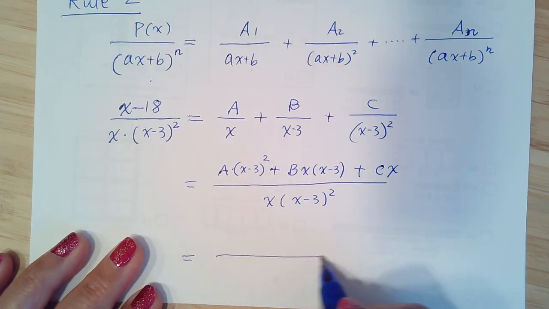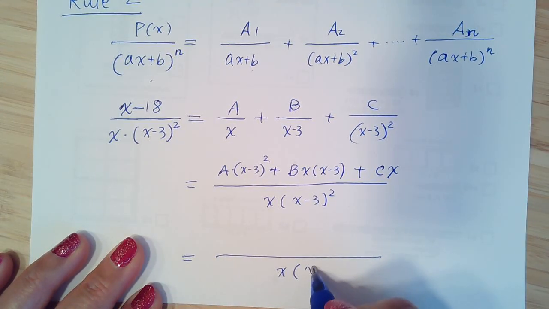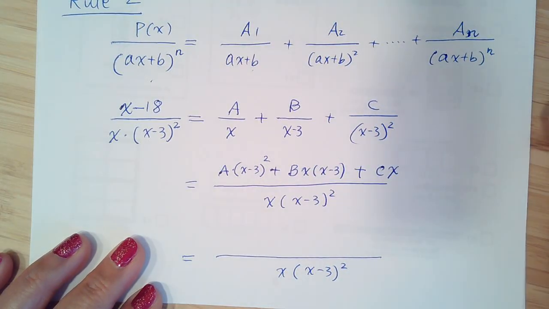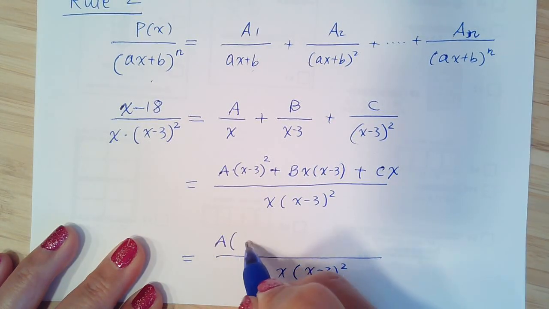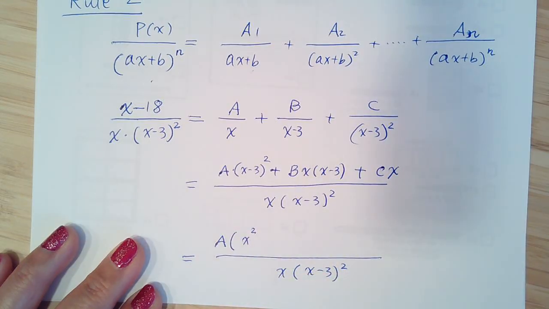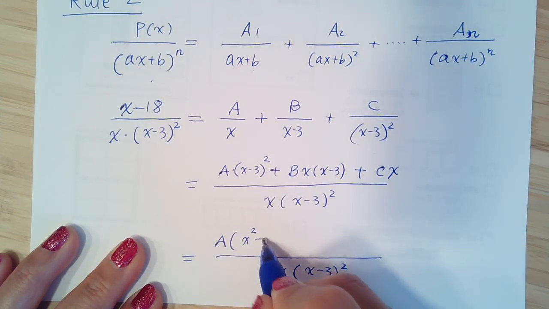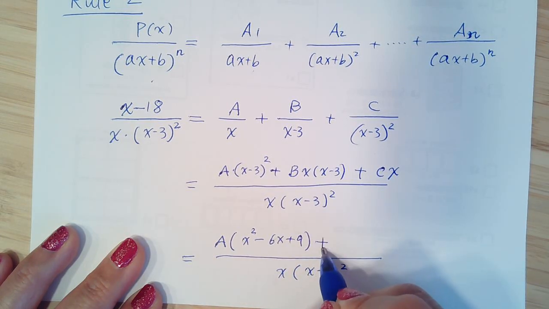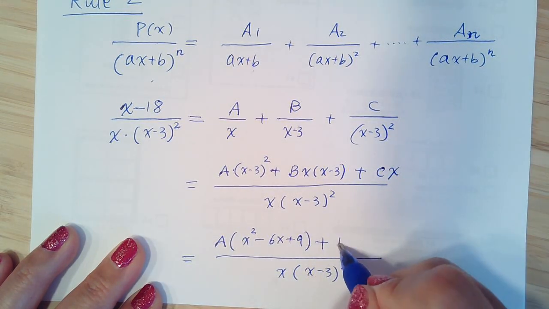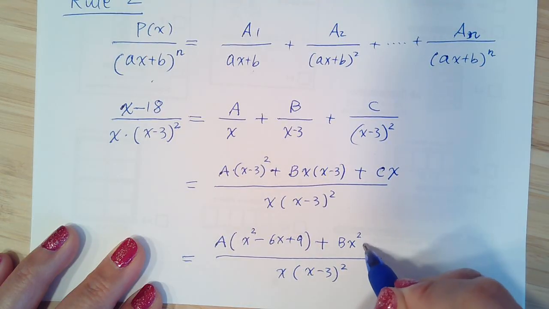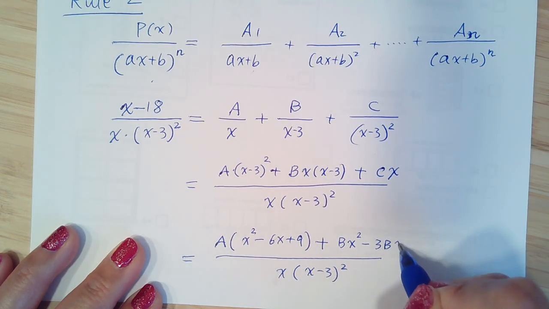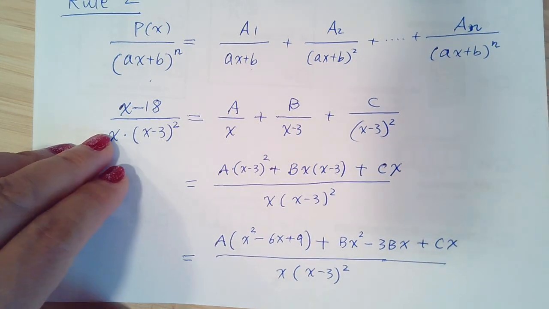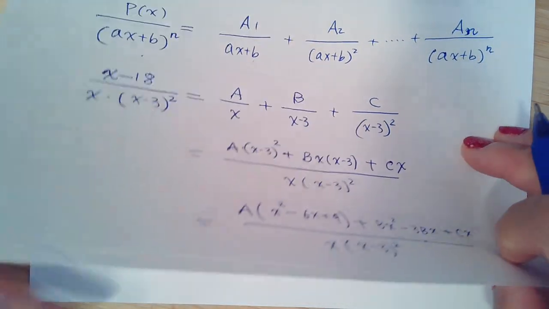I have the denominator x minus 3 squared. Now what is x minus 3 squared? So that is a times x minus 3. You can use a FOIL method, or you can use the formula. That's x squared minus 6x plus 9, and then plus, we distribute this b, so that's bx squared minus 3bx, and then plus cx. Okay, and then I'm going to continue.